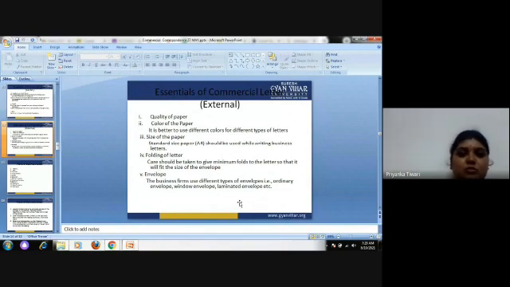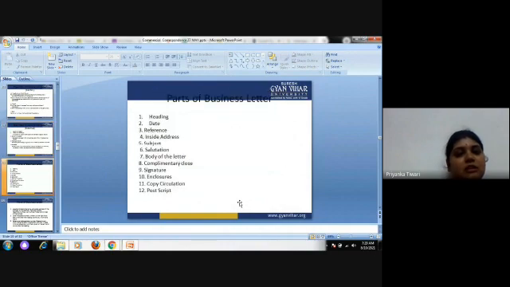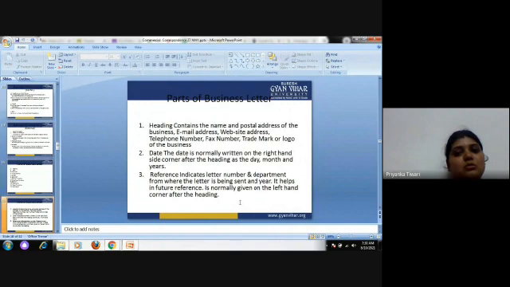Business firms use different types of envelopes: ordinary envelopes, window envelopes, and laminated envelopes. A letter has a heading, date, reference, inside address, subject, salutation, body of the letter, complimentary close, signature, enclosures, copy circulation, and postscript. The heading contains the name and postal address of the business, email address, website address, telephone number, fax number, and trademark or logo of the business.